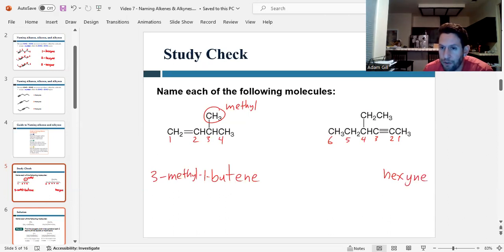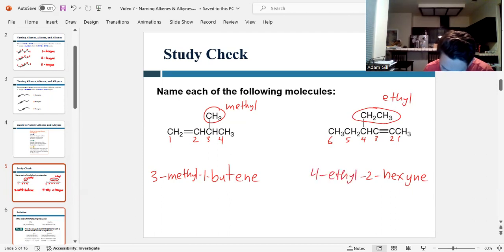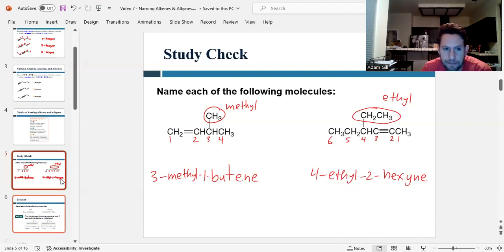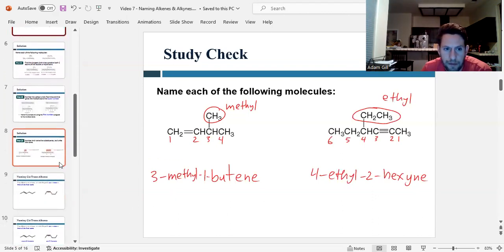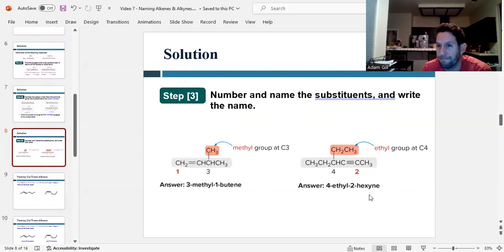And the triple bond starts at carbon 2. So this is 2-hexyne. And we have a substituent here. This is an ethyl group because it's 2 carbons long, and it's attached at carbon 4. So 4-ethyl-2-hexyne. It looks like we named them right.